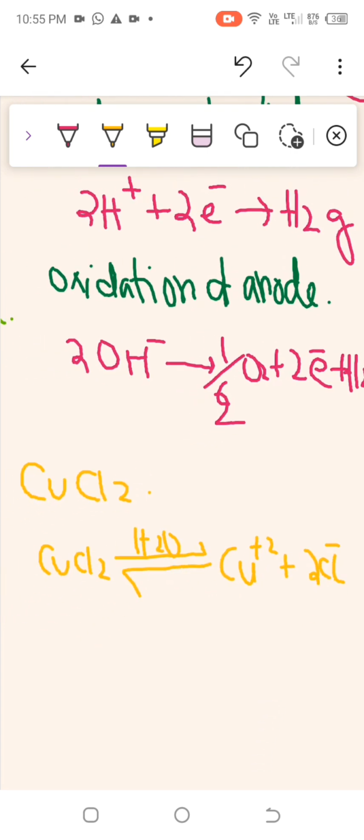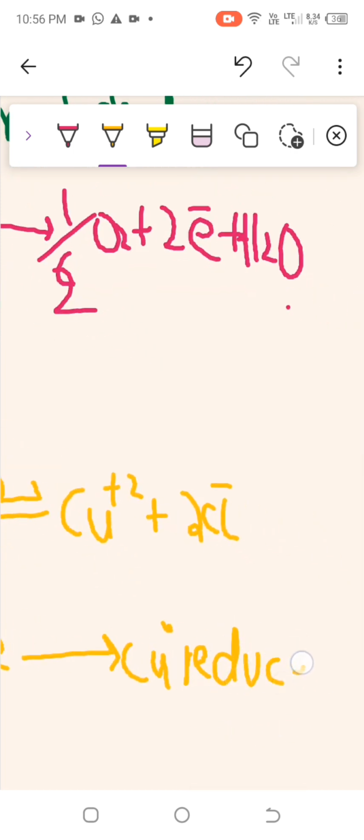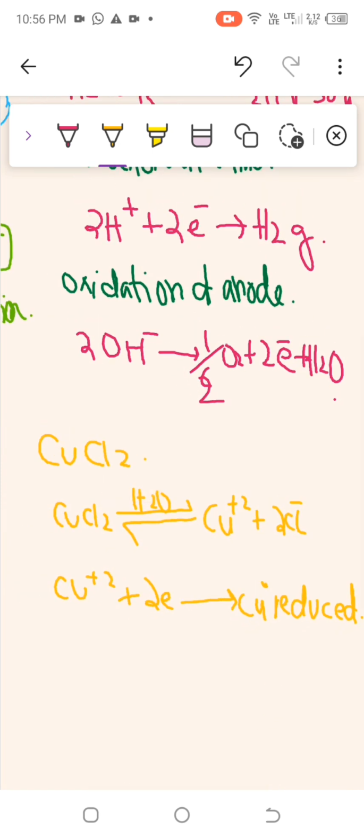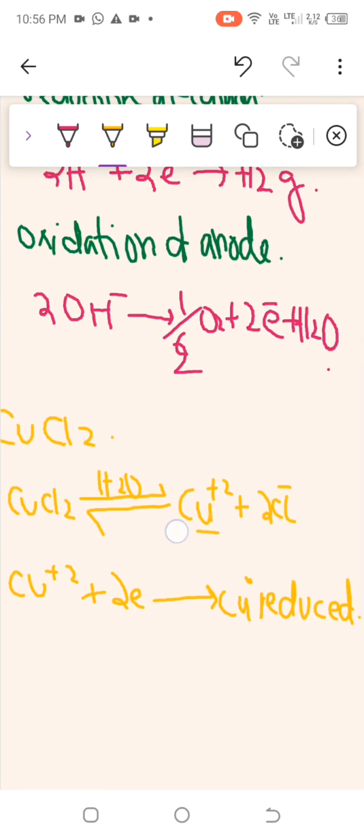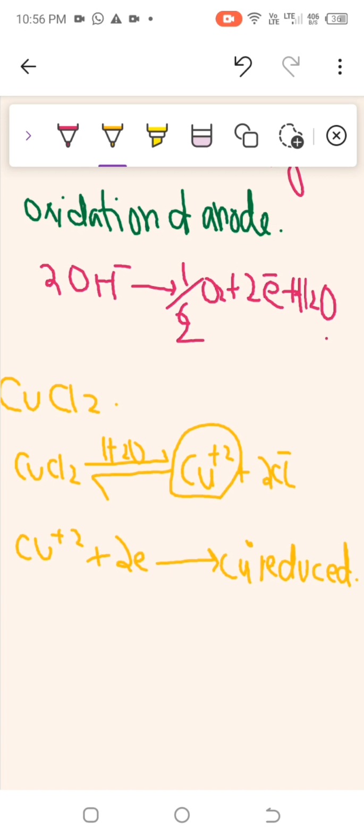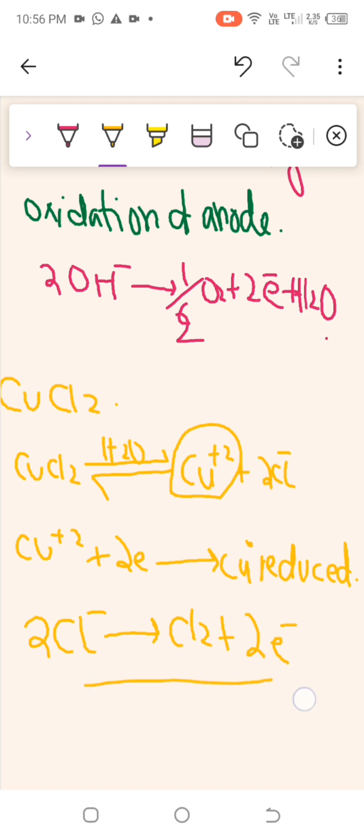So now here you can see the reaction that will take place at the cathode: Cu 2 positive plus 2 electrons gives Cu, reduced. So why haven't I taken H positive? Because Cu 2 positive has more tendency than H positive. After the reduction, at the anode, 2 chloride gives Cl2 plus 2 electrons. Now chlorine has more tendency than OH. That's why I have taken chlorine here in the oxidation.